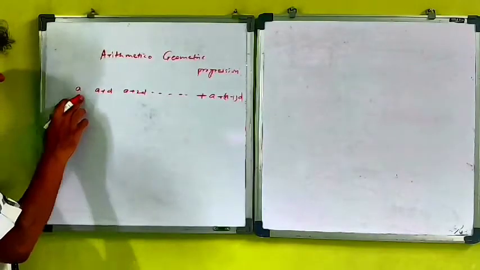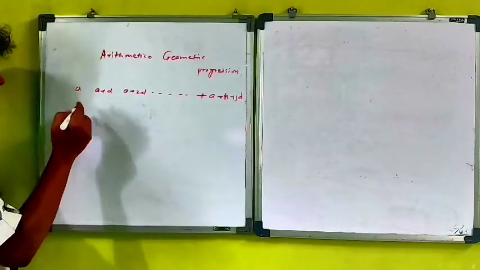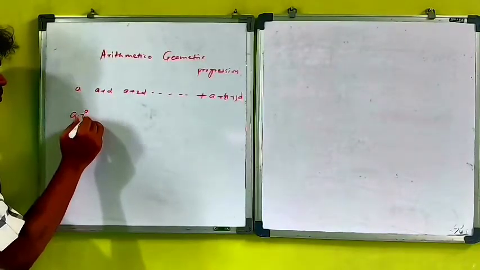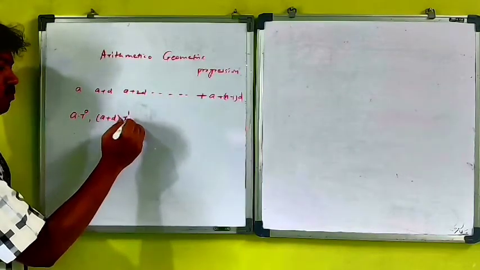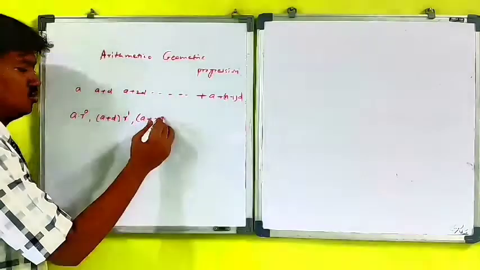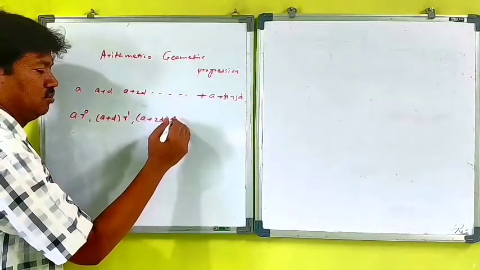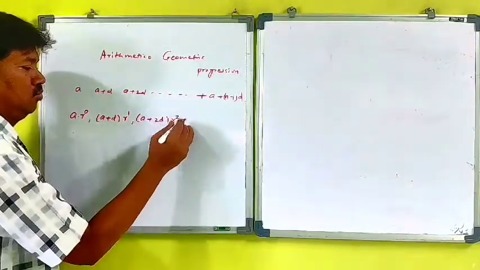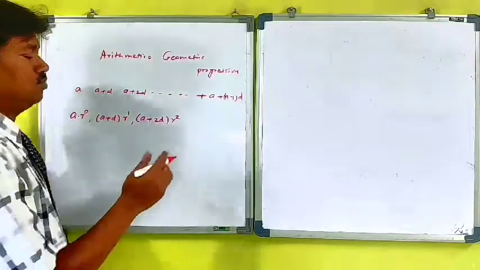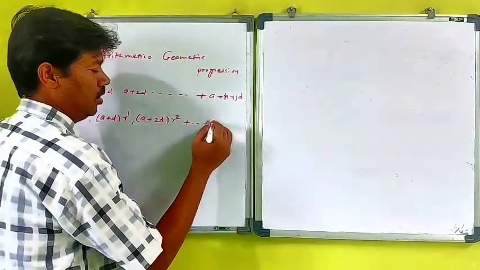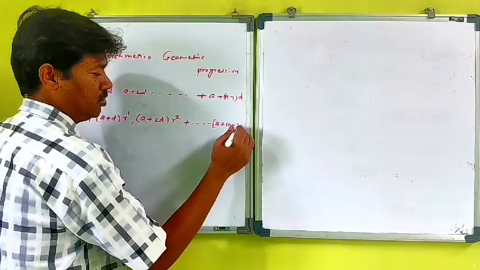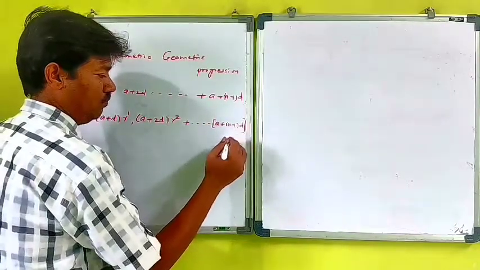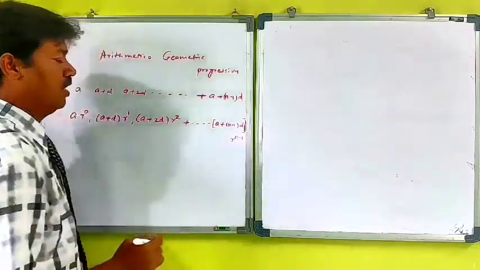If you multiply these by powers of r, we get a into r raised to 0, a plus d into r raised to 1, a plus 2d into r raised to 2, and the last will be a plus (n minus 1)d into r raised to n minus 1.